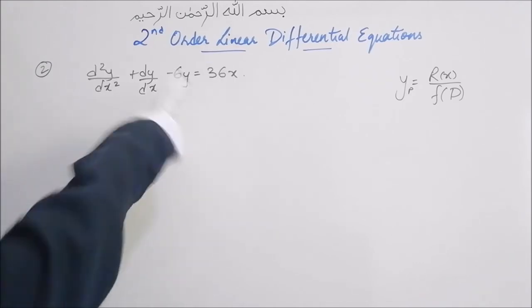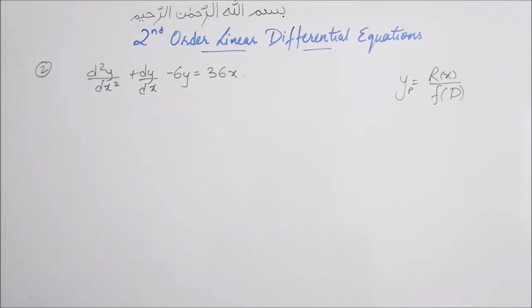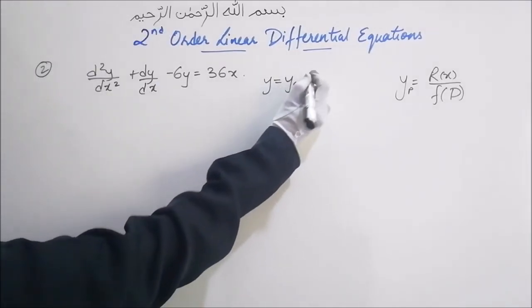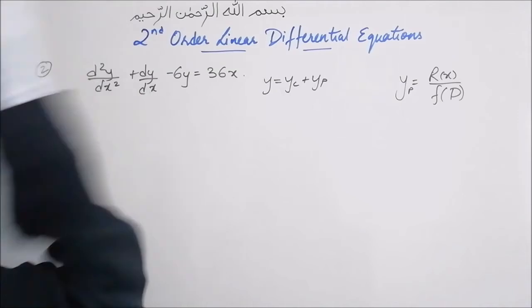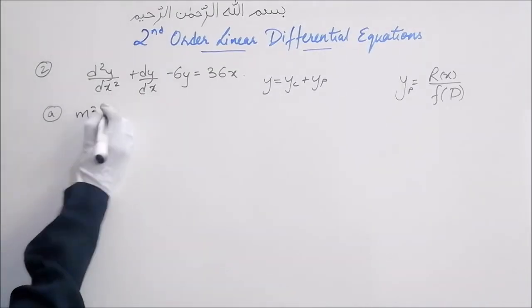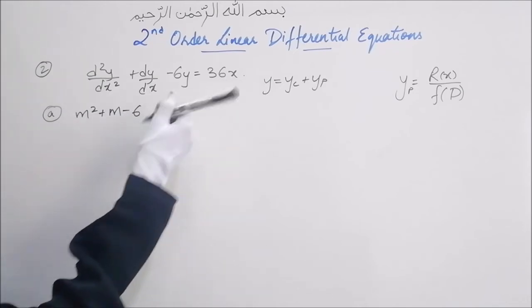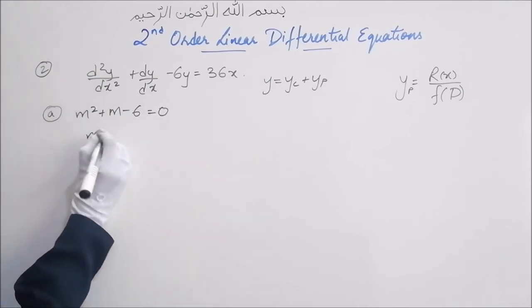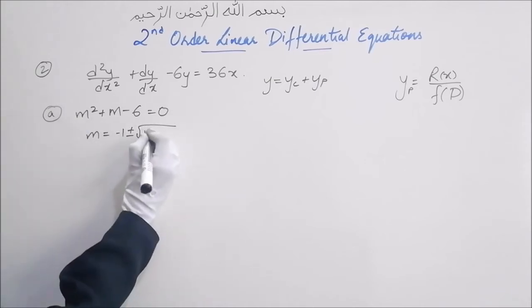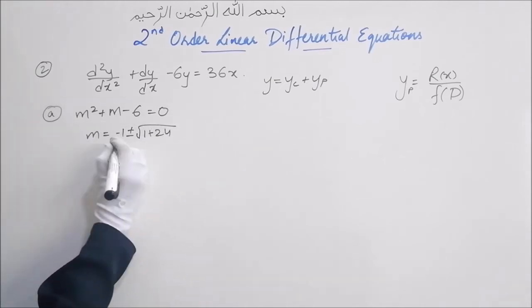Let's look at an example. To find the solution of this equation, we'll have two parts, the complementary function and the particular integral, such that the final solution will be the complementary function plus the particular integral. So let's try to find the complementary function. We'll get m squared plus m minus 6, and we'll take this as 0. We'll get the value of m as minus 1 plus minus root of b squared, that is 1 plus 24, divided by 2.